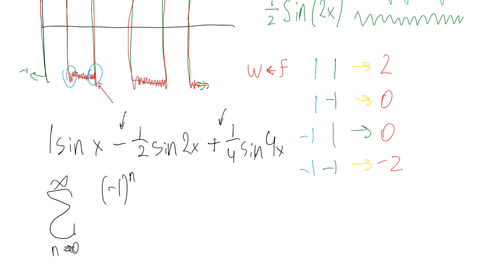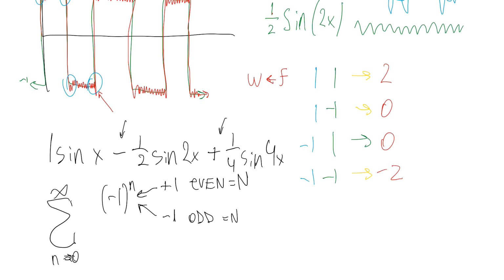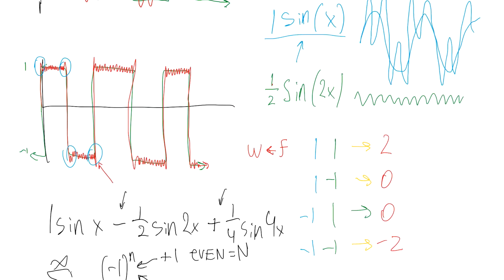So when n is 0, this is going to be +1. When n is 1, this is going to be -1, and each time it's even, it's going to be +1. Each time n is odd, the whole thing is going to be negative, and so on. So Fourier series can get very complicated in that respect, but let's ignore the math for a little bit, and look at this.